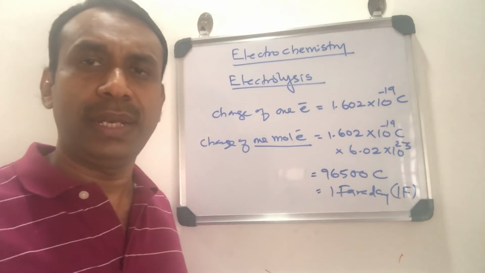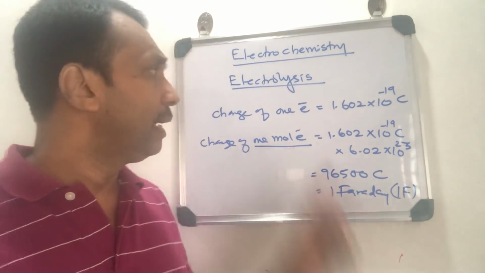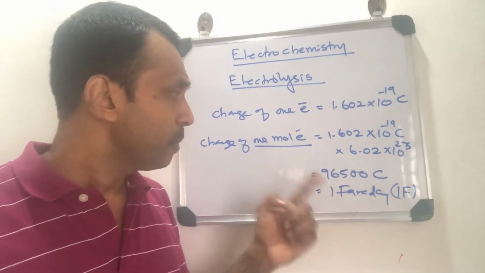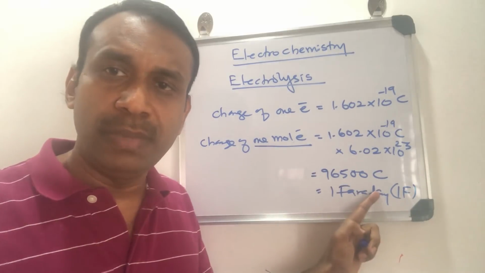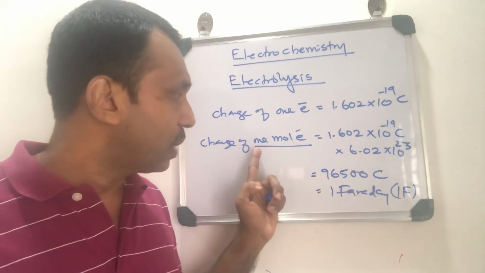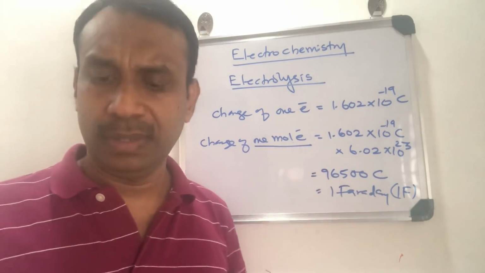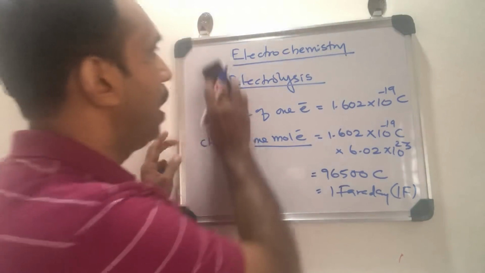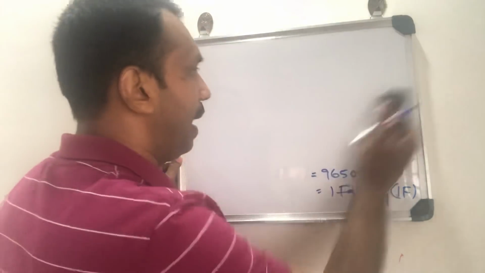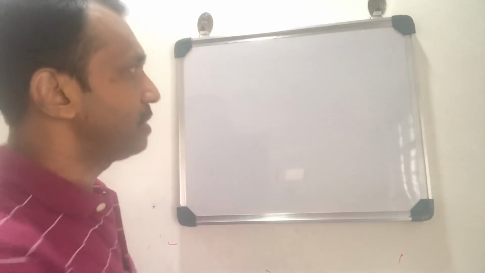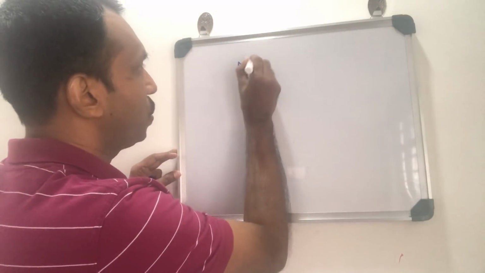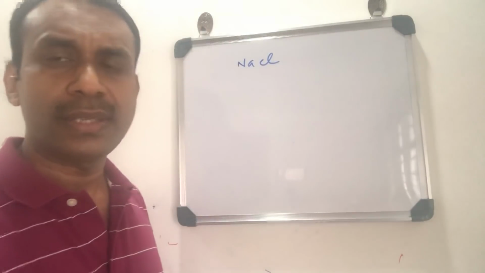The first point that you have to study in electrolysis: once again, 1 Faraday means 96,500 coulomb, which is equal to the charge of 1 mole electron. Clear? Yes. Now we have to study certain other aspects of electrolysis. For example, consider molten sodium chloride, molten NaCl.